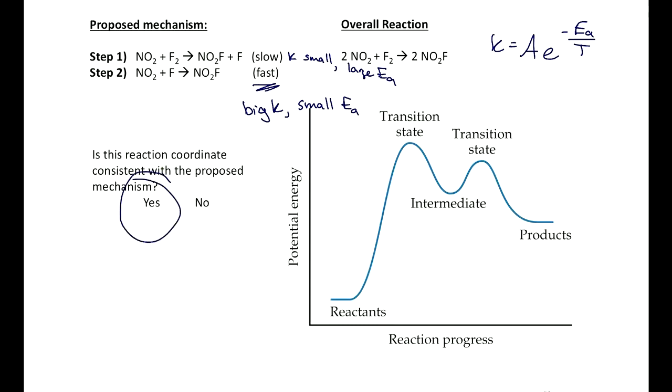So yes, this mechanism is consistent with that, because the first step has a very large activation energy, and then the second step has a very small activation energy. So this is consistent with a two-step mechanism that's slow and then fast.